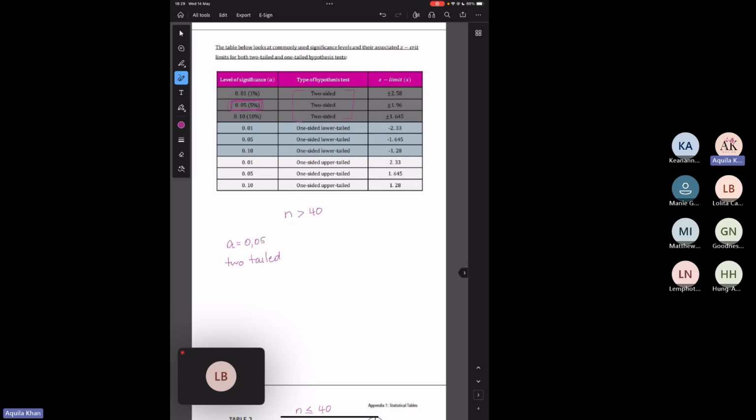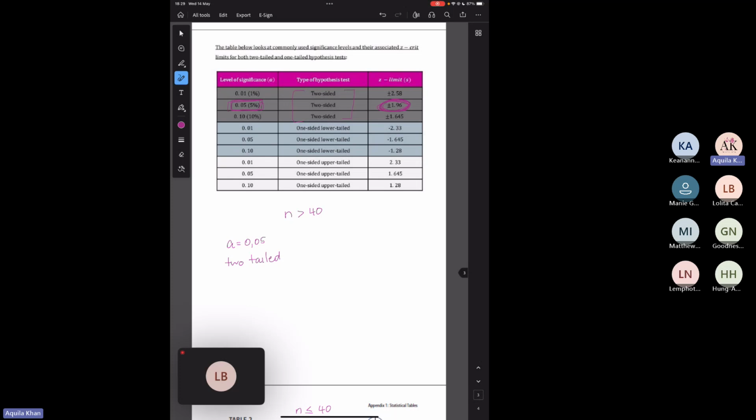So if you go in line with 5% and your two-tailed, your critical limits are, oh sorry, your critical limits are a positive and a negative 1.96. Sorry, I was reading out the significance level. So at a 0.05 significance level, it's a positive 1.96 and a negative 1.96.